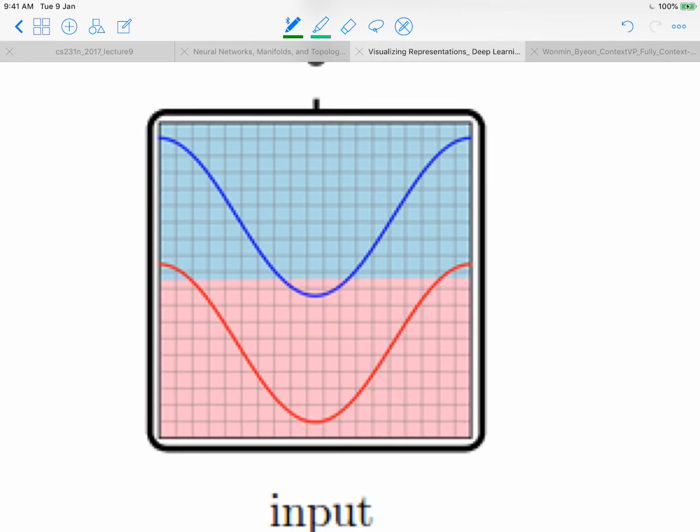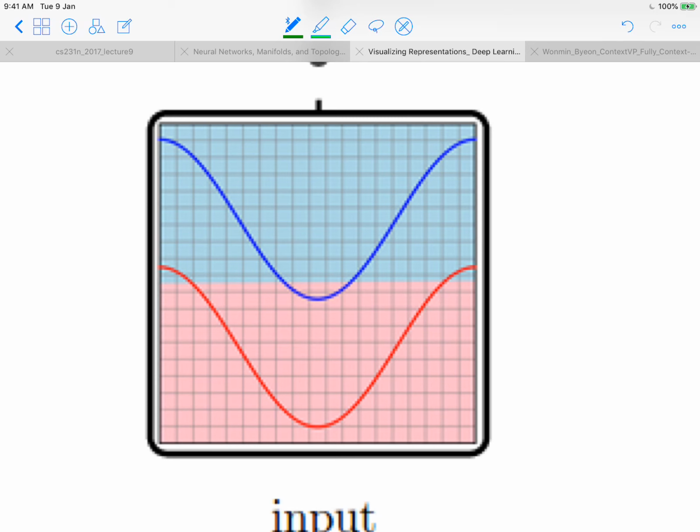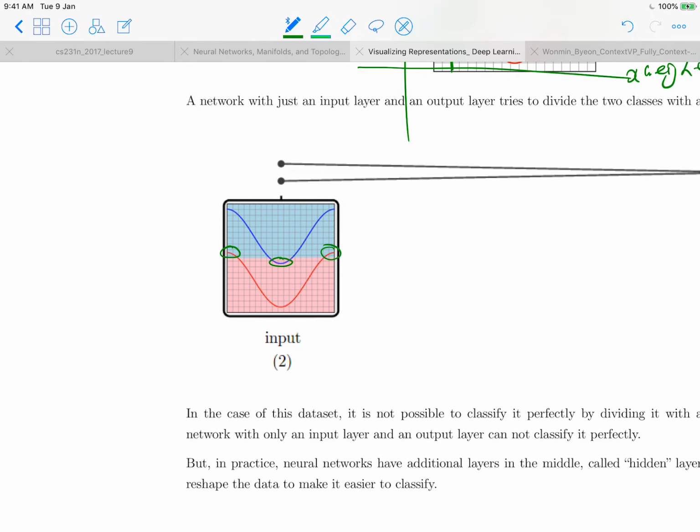Okay, so this is the example. Probably this horizontal line might be the best one, the one with the smallest misclassification rate, right?